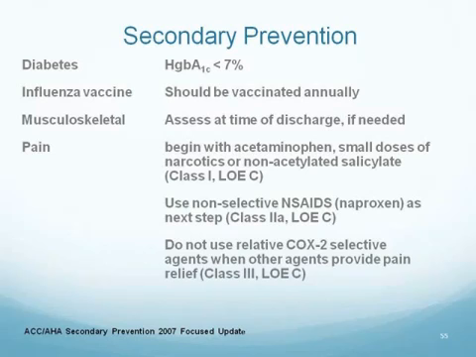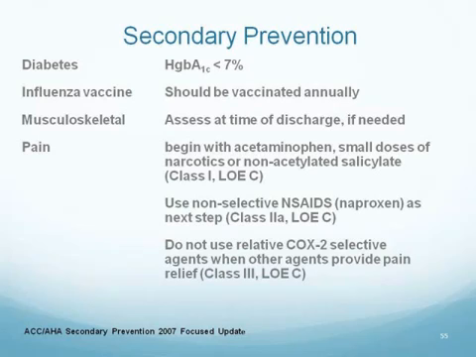And lastly, since this is an elderly or older population, at the time of discharge, many of these patients need to take other pain medications. Many of these patients will have osteoarthritis or other types of joint pain. And so what's recommended, since this is such a common concomitant disorder, is to start with acetaminophen.